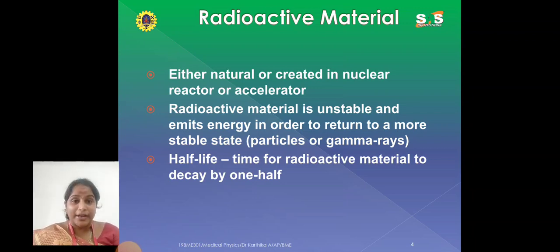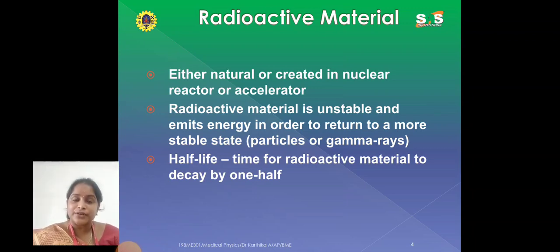Here, the radioactive material can be either natural or created in a nuclear reactor or any accelerator. This radioactive material is more or less unstable, and it emits energy in order to return to a more stable state. It emits particles or gamma rays.